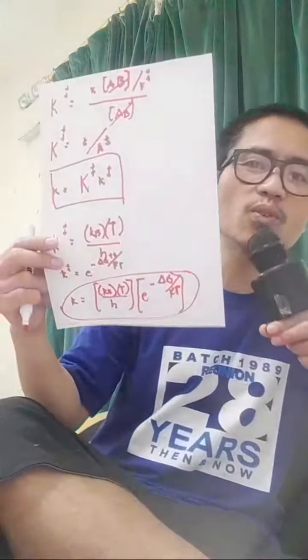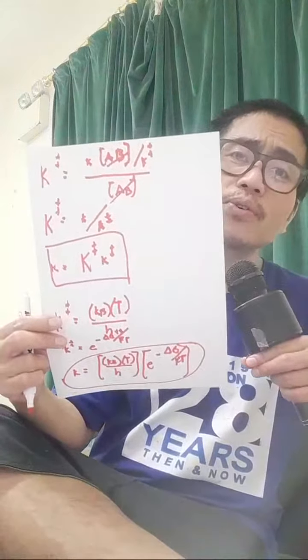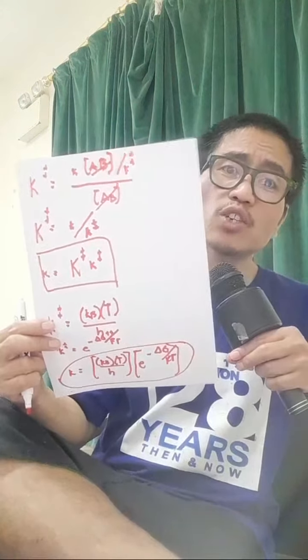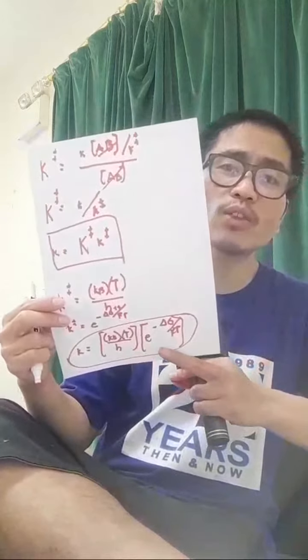Then bingo, we have the general Eyring and Polanyi equation. This one we derived now. If you go to different books and different sources online, you can also obtain this formula, the same as what we did now.